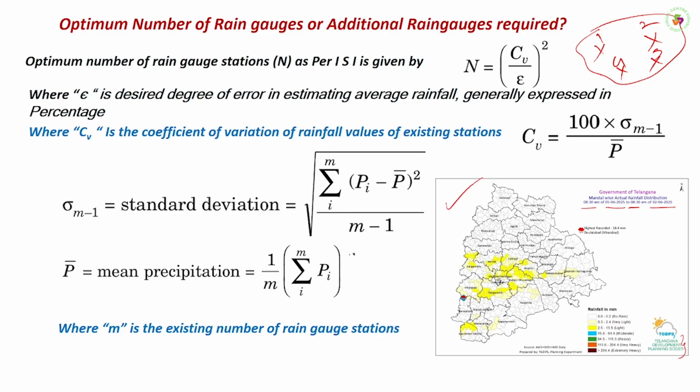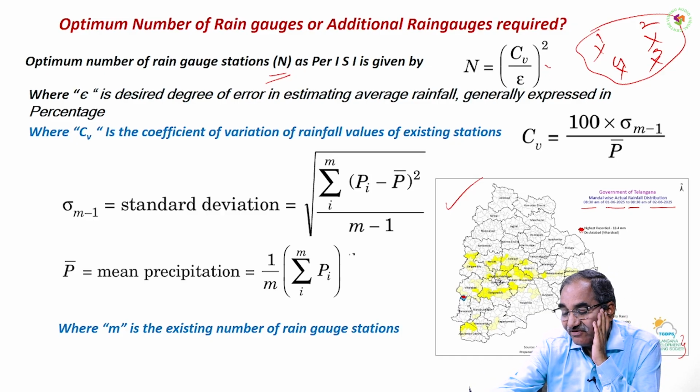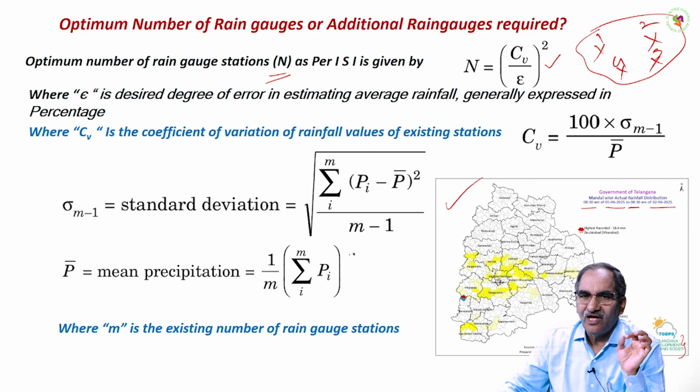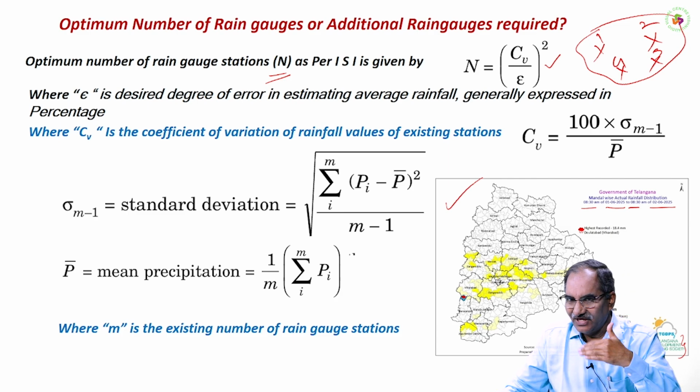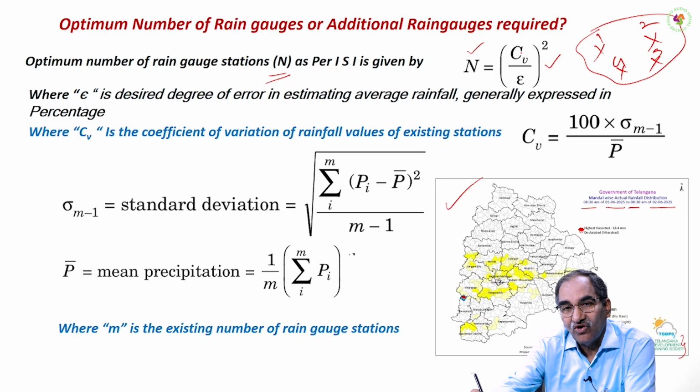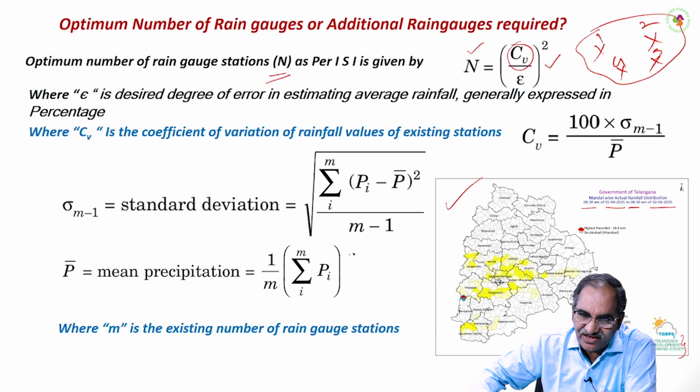The optimum number of rain gauge stations, N, if I call it that, is given by N = (CV/epsilon)^2. This is a formula given in statistics. CV is the coefficient of variation.